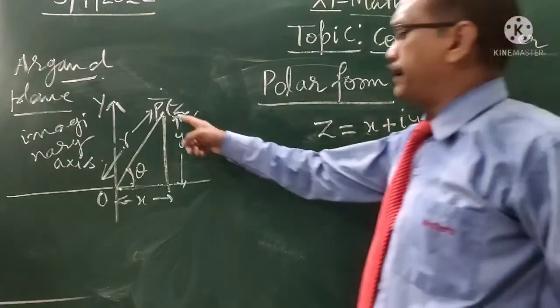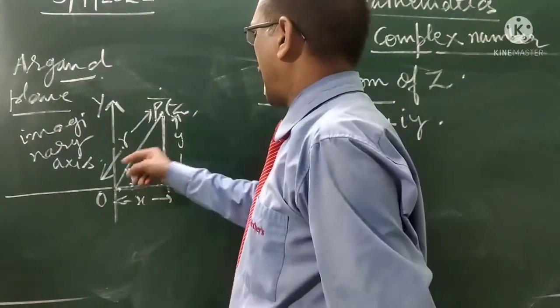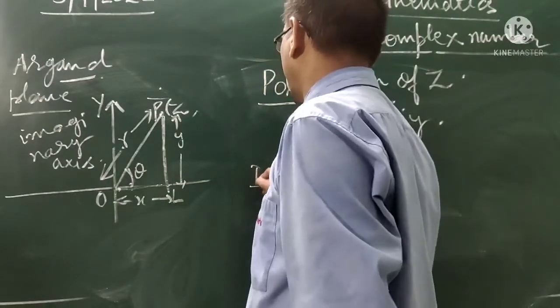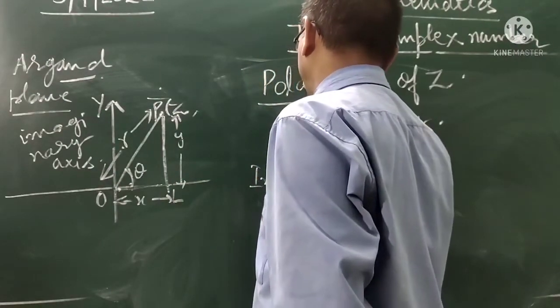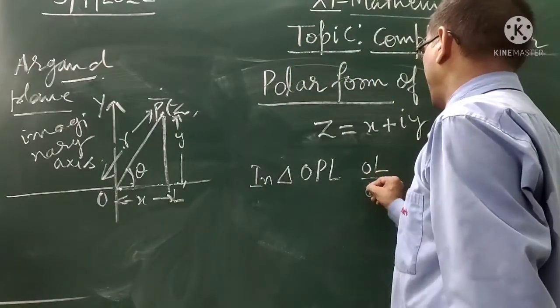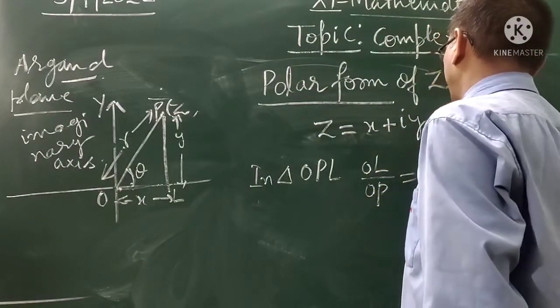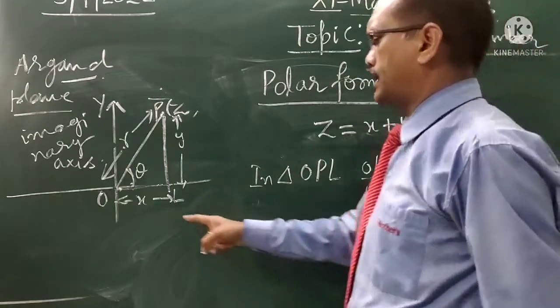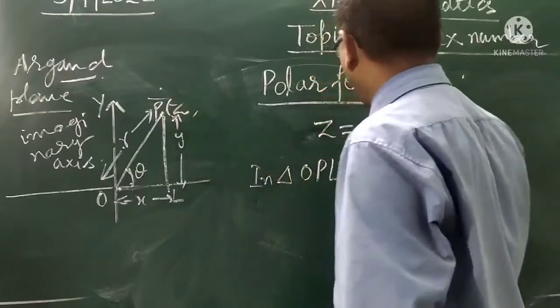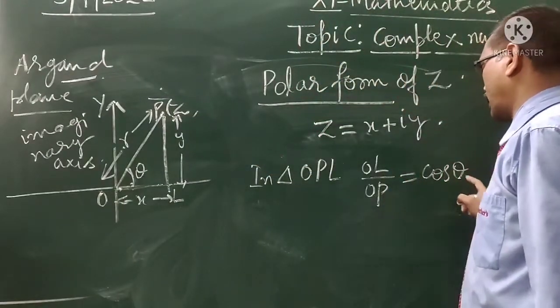Dear student, if we consider the triangle OPL, let this point be L, then in triangle OPL, OL upon OP equal to cos theta. Since OL is the base, OP is the hypotenuse, base upon hypotenuse equal to cos theta.